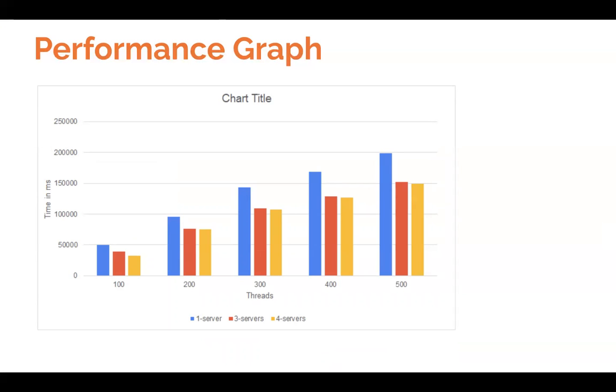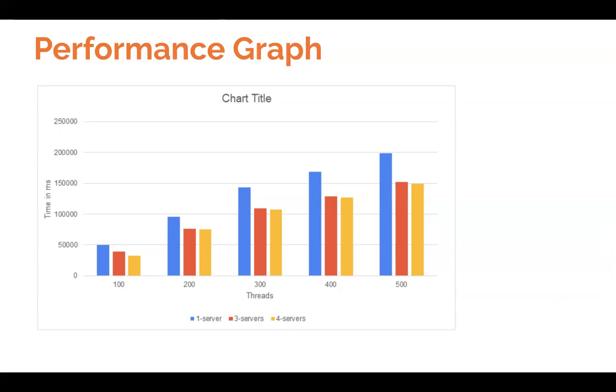So we tested our application on a number of servers. The reason for using multiple servers is that if one server goes down, we should have another server running, and the load will automatically get balanced between the other servers.